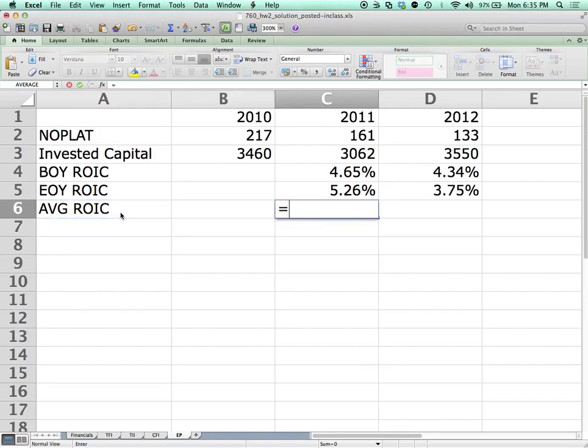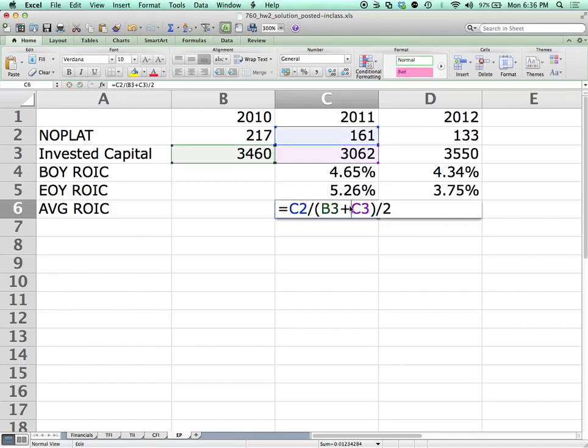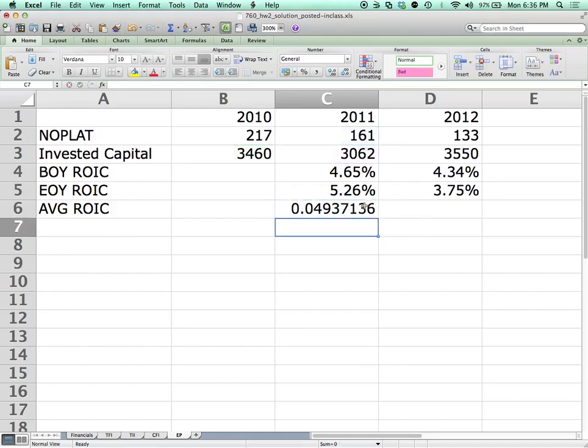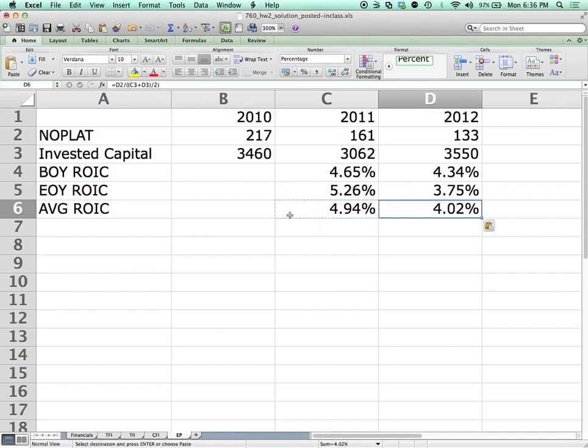So what they'll do is they'll take equals the current year NOPLAT divided by last year invested capital plus this year invested capital divided by 2. So I could do return on sort of average invested capital. I could do return on beginning invested capital. I could do return on ending invested capital. Notice they give me 3 different answers.